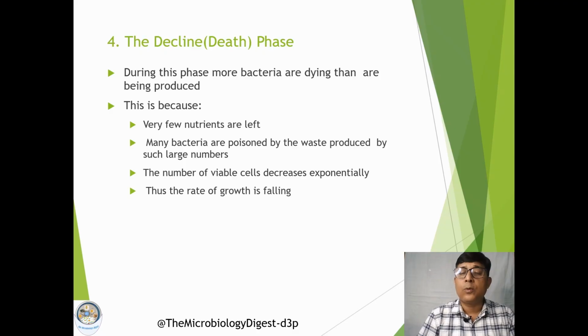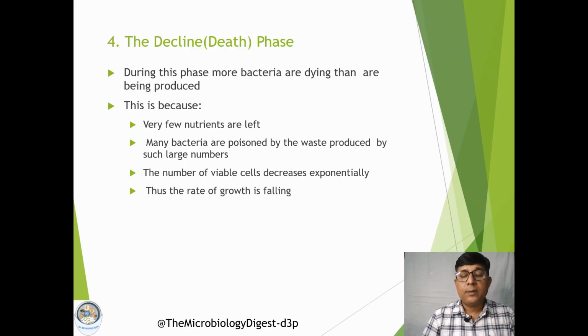Of course, no more cells are being produced, only death of the bacteria will take place in this phase, because no nutrients will be available, and there is the accumulation of waste products from the previous growth, so there will be a harmful effect of these waste products on the bacterial cells, and because of these reasons, the number of viable cells in this phase declines sharply.